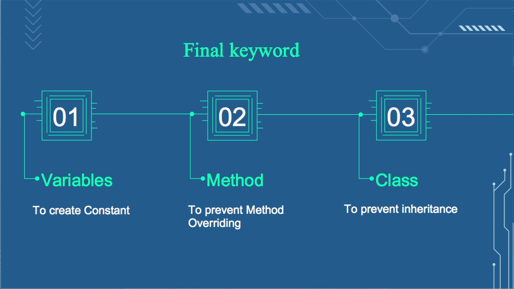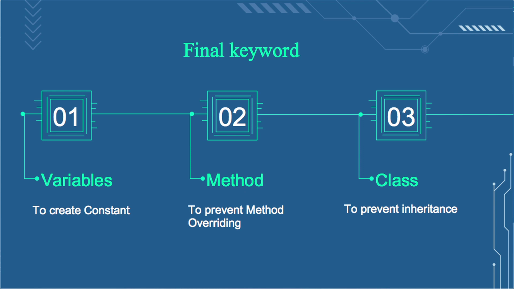Now, the final keyword can be used in Java in three different ways. First, if I have a final variable. Second, if I have a final method. Third, if I have a final class. As I said earlier, once a variable is declared as final, its value cannot be changed during the scope of the program.